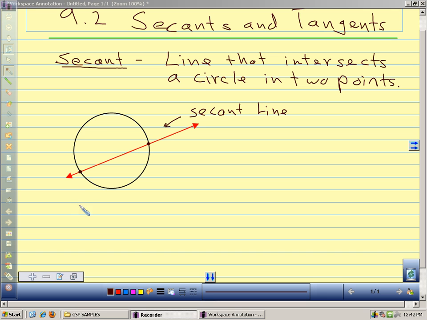The second is a tangent. A tangent line intersects a circle in exactly 1 point.